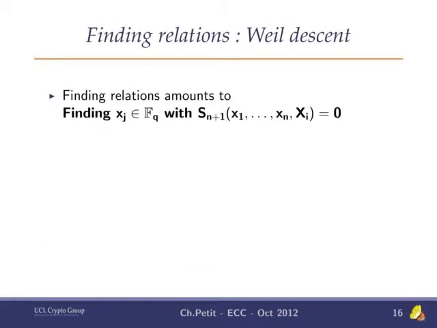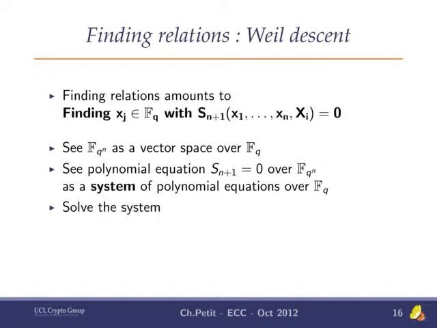Again, finding a relation amounts to solving summation polynomials with this time the constraint that x_j belongs to the subfield. If you see F_q^n as a vector space over F_q, you can also see the polynomial equation S_{n+1} = 0 as a system of polynomial equations over the subfield. So you get a system and you solve the system.